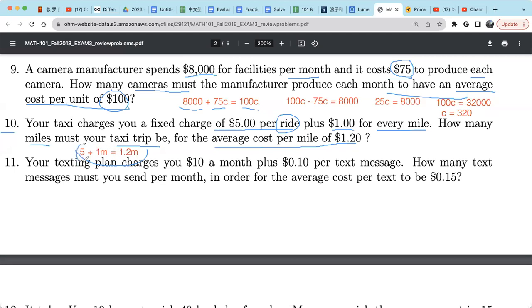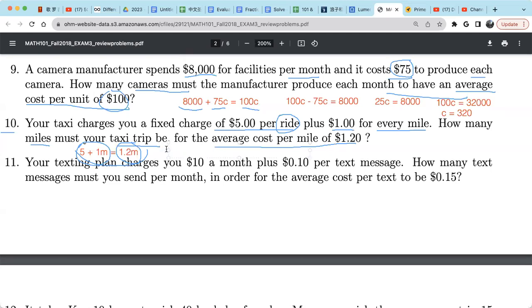So the left-hand side is calculated by one-time fixed charge for each ride, then each mile charges $1. So that's a cost. Another way to calculate is saying, whatever the cost is for each ride, $5 in this case, being averaged out to every mile. So then the average cost per mile is 1.2.